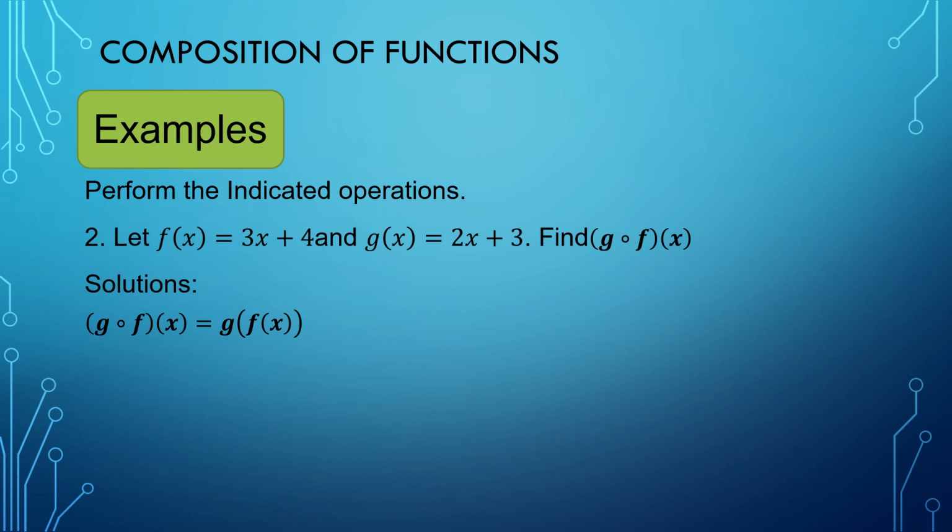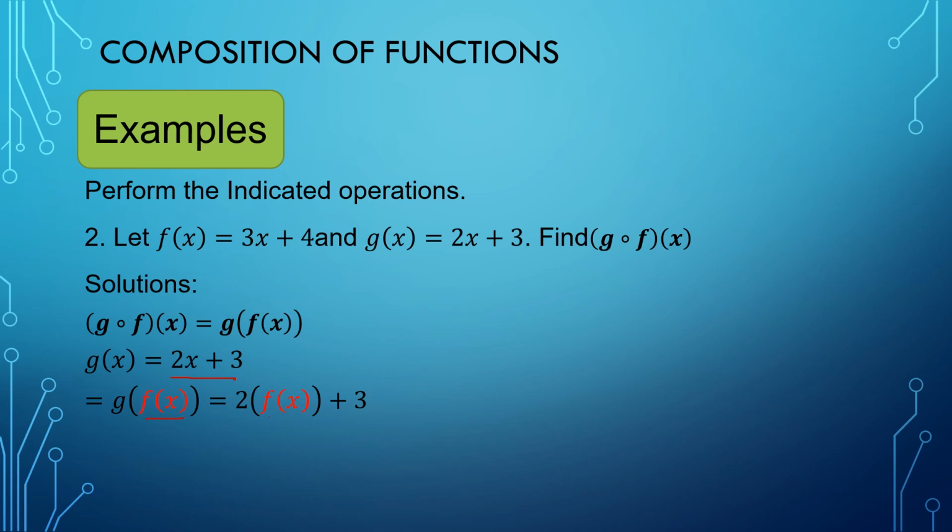So g circle f can be written as g of f of x. The g of x is 2x plus 3, and we want to find g of f of x.